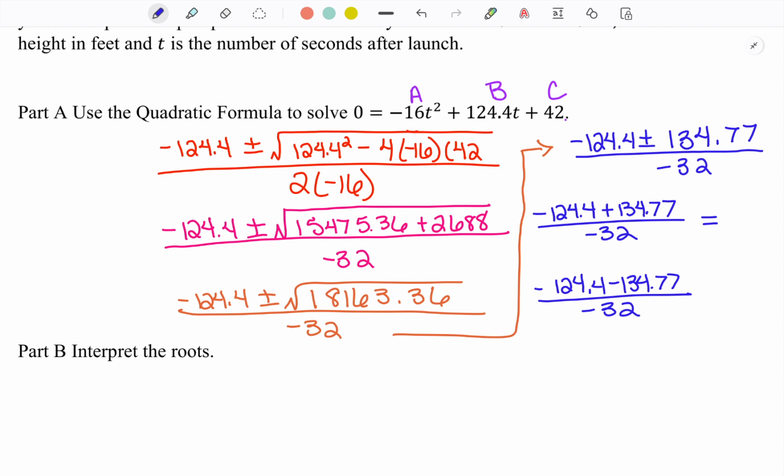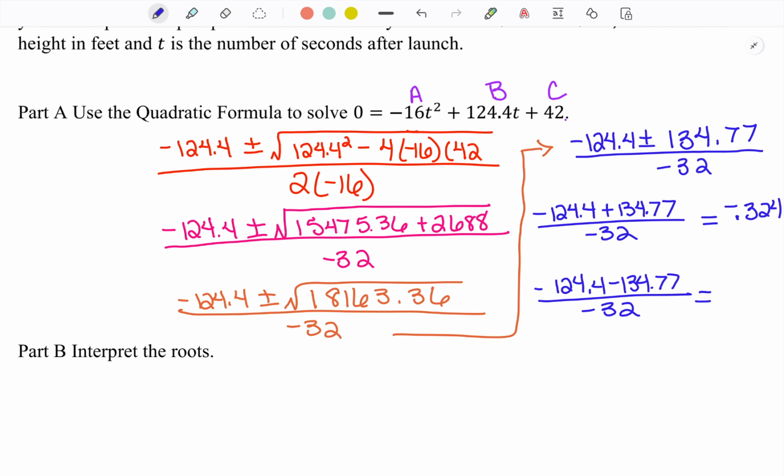Now for the positive case, we're going to put all of this in the calculator and we get a negative 0.324. And then for the negative case, we have negative 124.4 minus 134.77 divided by negative 32.